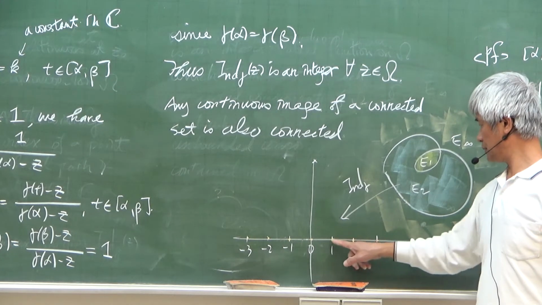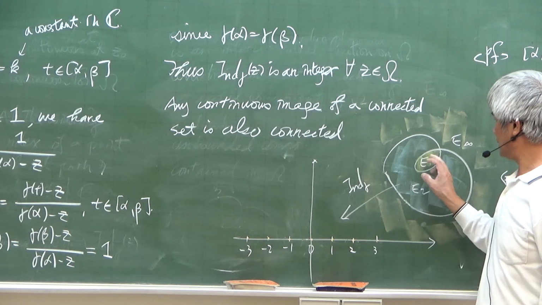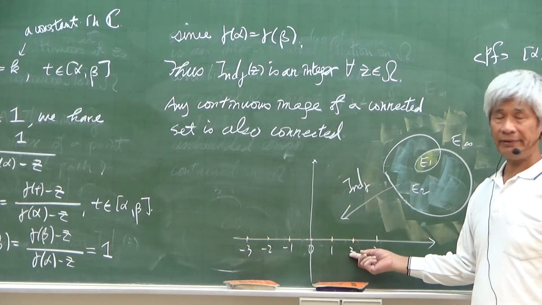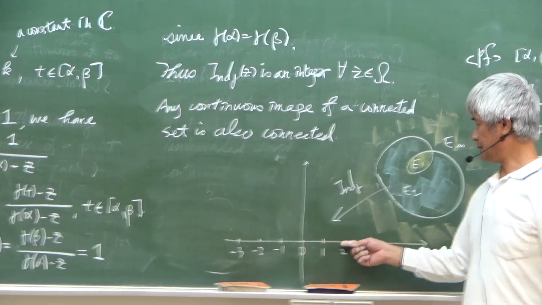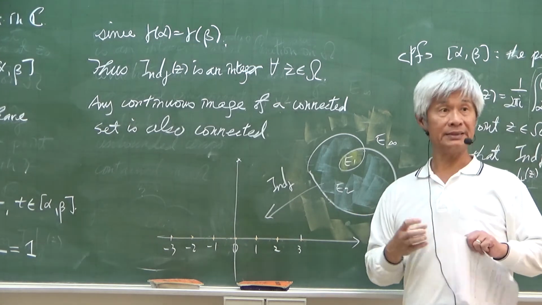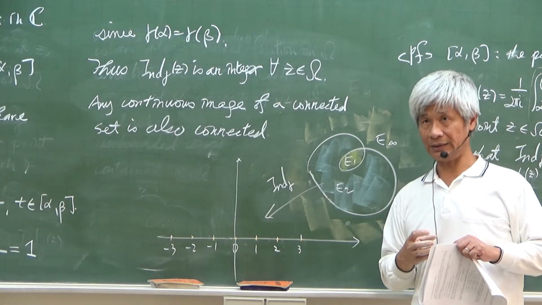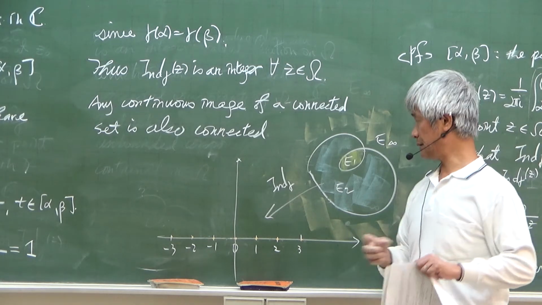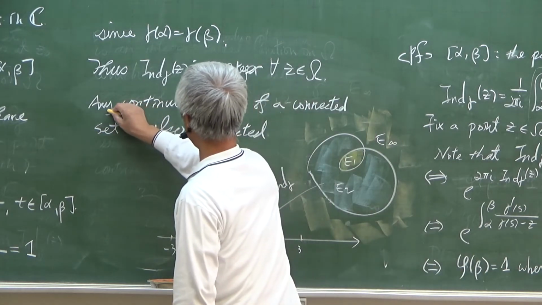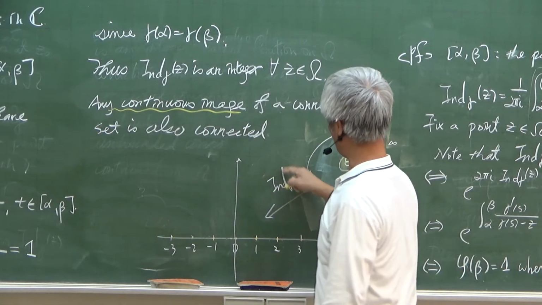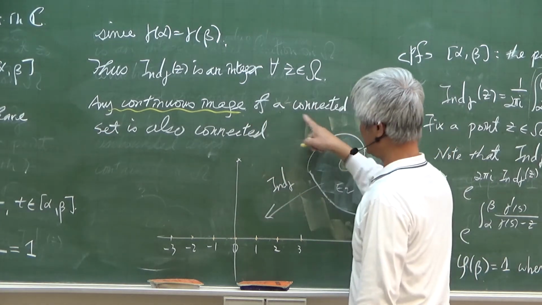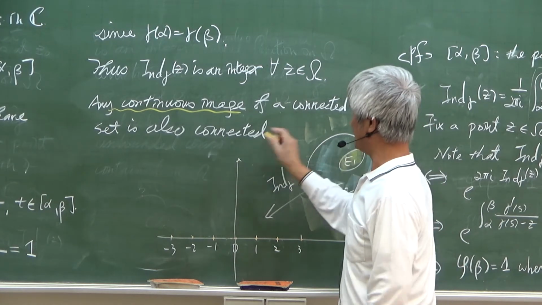Because if the range of E1 under the index function contains two integers, these two points cannot form a connected set. It's not connected. This is a topological property: the continuous image of a connected set is also connected.